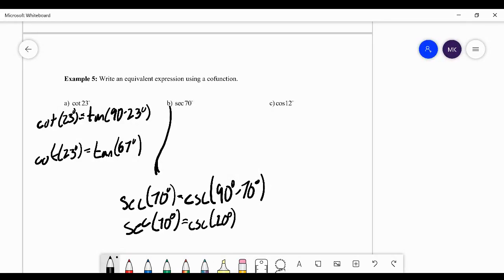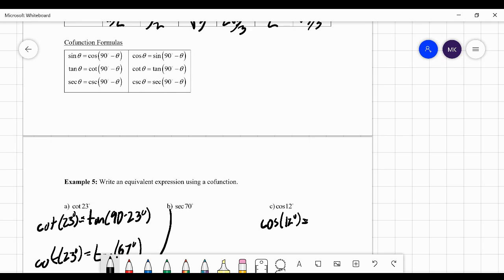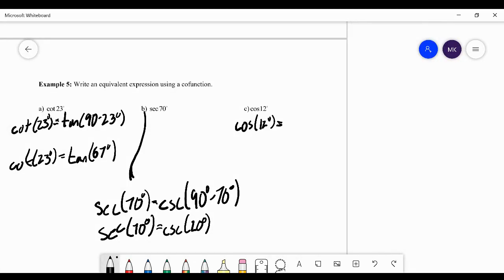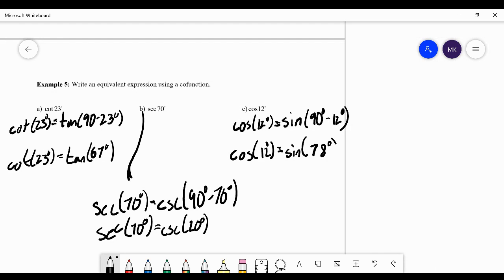Nice, this is really easy. Cosine of 12 degrees is equal to, where's cosine? Cosine is sine. So that's sine of 90 degrees minus 12 degrees. So cosine of 12 degrees is equal to sine of 78 degrees. Look at that.